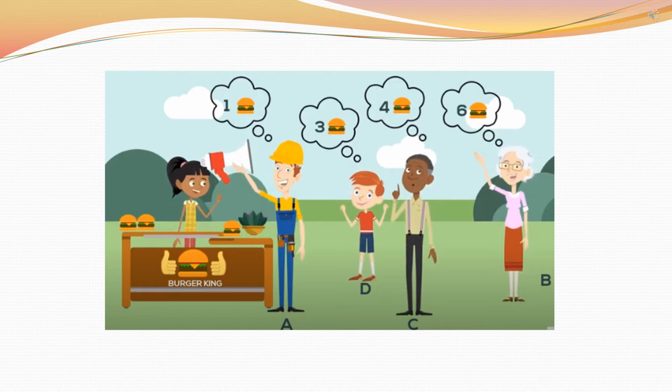After that, she will serve customer C because he has ordered 4 burgers. And the last one, customer B, has ordered 6 burgers, so she will serve him last. It can be an example of the shortest job first algorithm.